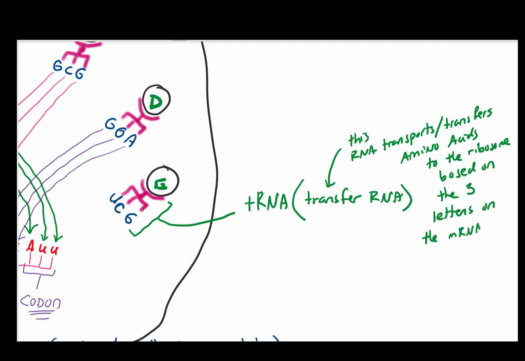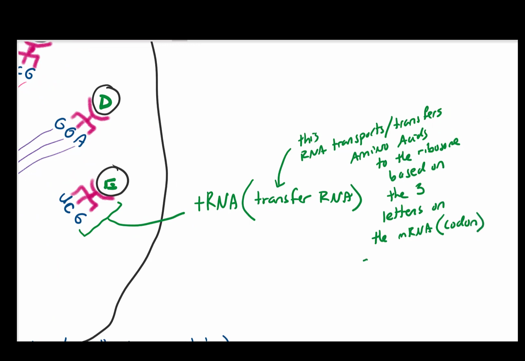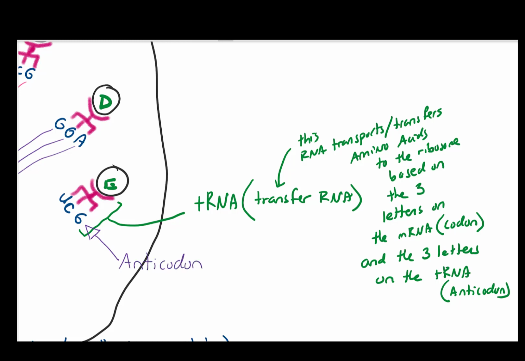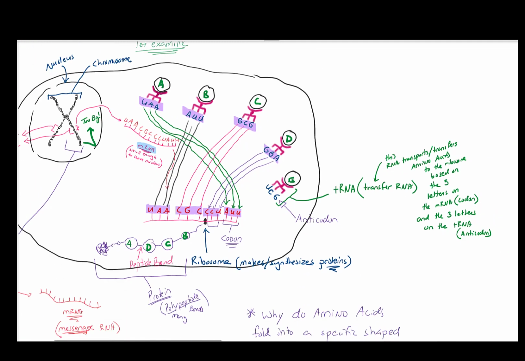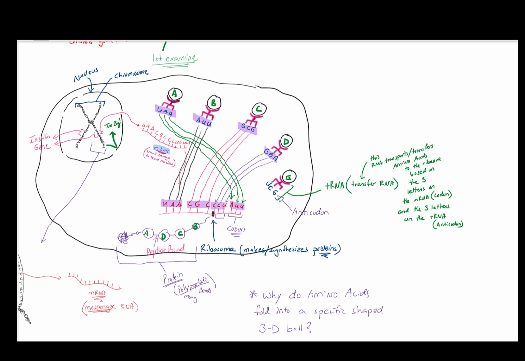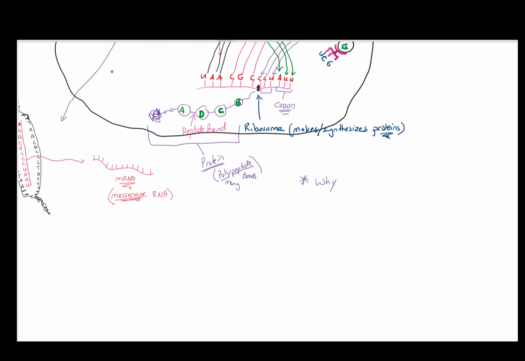And it only brings over the amino acid if the 3 letters on the tRNA match or correspond to the 3 letters, the codon, on the mRNA. Therefore, these 3 letters are the opposite of the codon. They're called the anticodon. Notice GCG matches with CGC, and all these codons match to the anticodons. So tRNA brings over the amino acids to the ribosome.